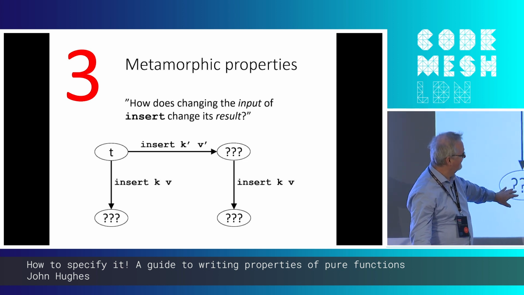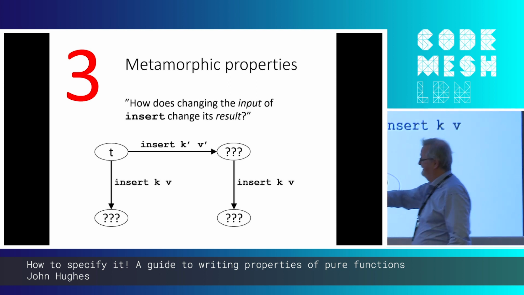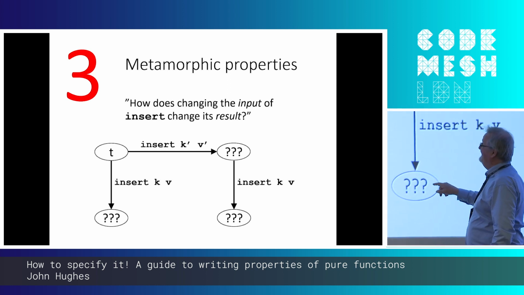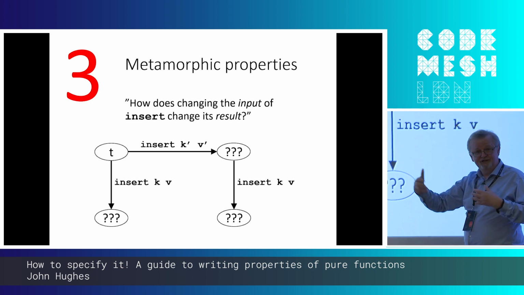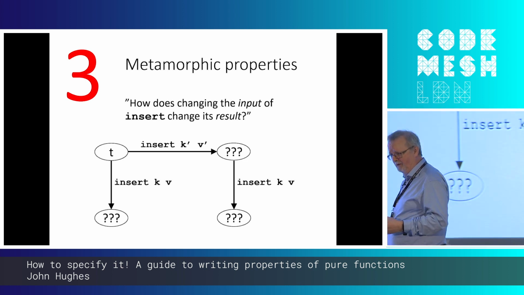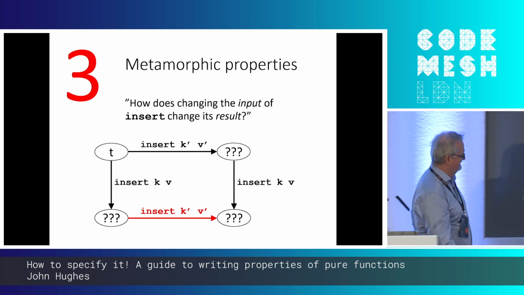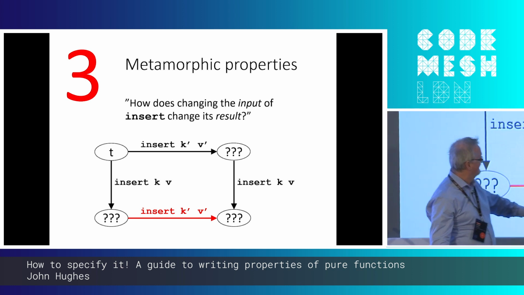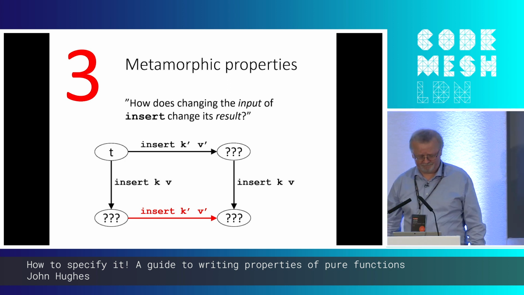Well, obviously, this tree should contain everything that this tree does, and it should also contain k prime, right? So that relationship should hold, and I don't have to predict exactly what tree I should get. I can just predict that, if I insert k prime into this tree, then I should end up with the same result.